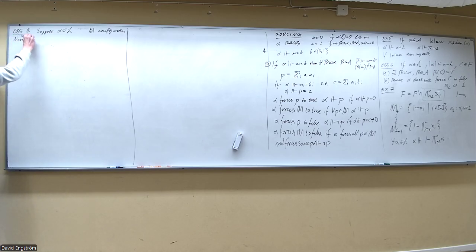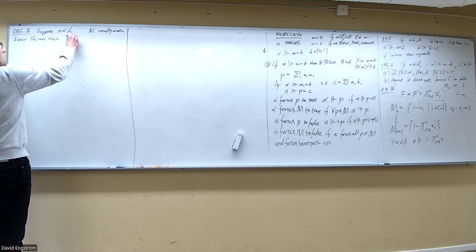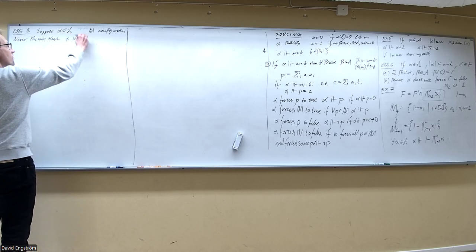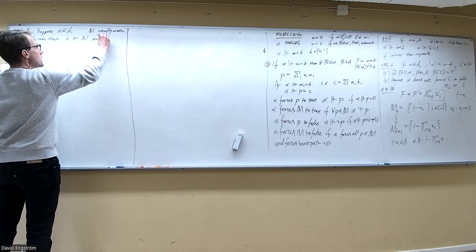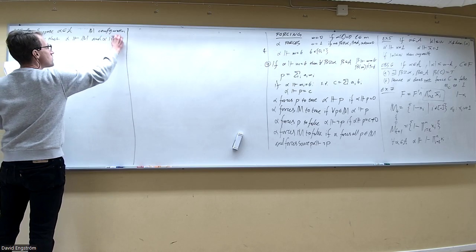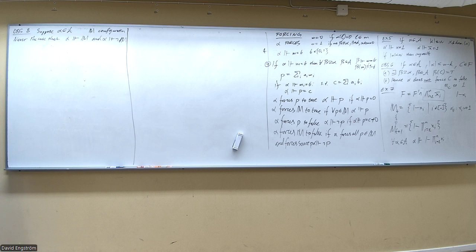So I claim that it's never the case that alpha forces M to true and also forces M to false. That can never be the case.